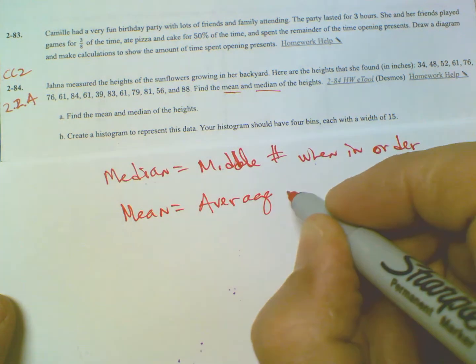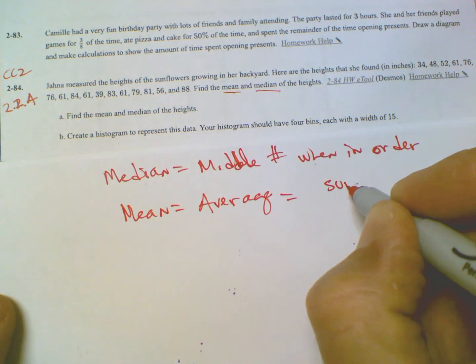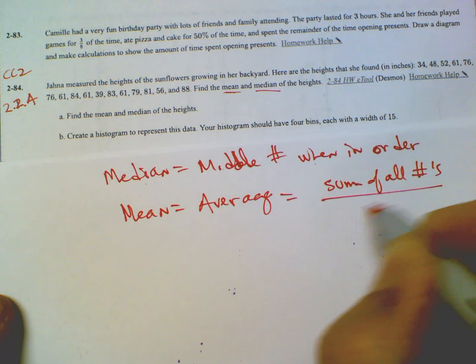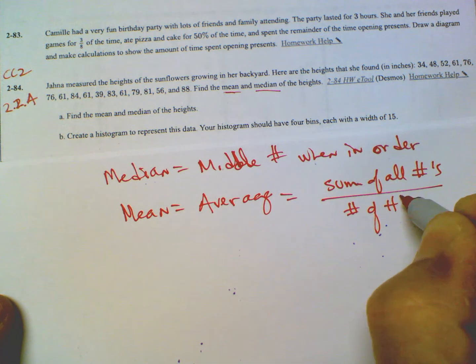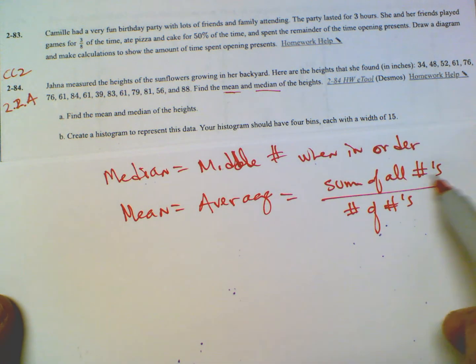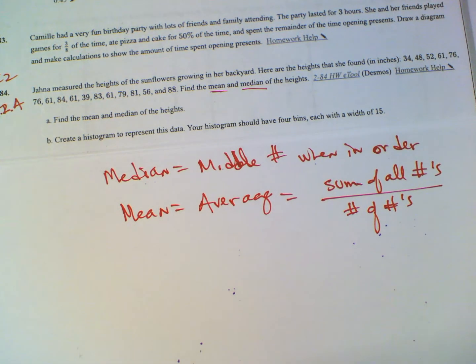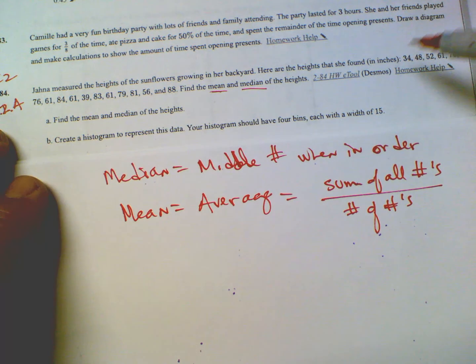And to find average, it's the sum of all numbers divided by the number of numbers. So those are the two concepts. And then B is going to ask us about a histogram, so we'll get there and we'll do the histogram.